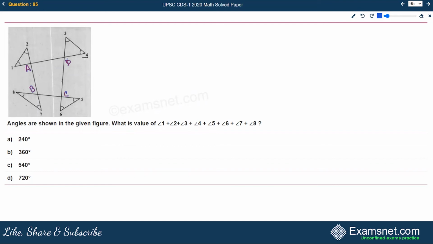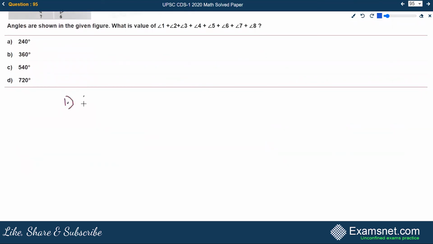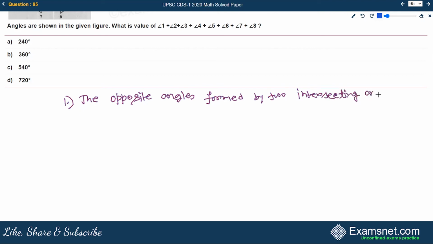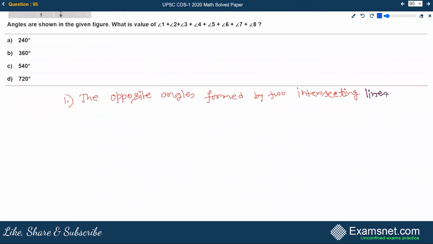Now, we already know that the opposite angles formed by two intersecting lines are equal.